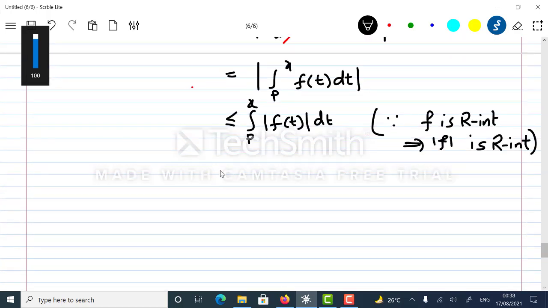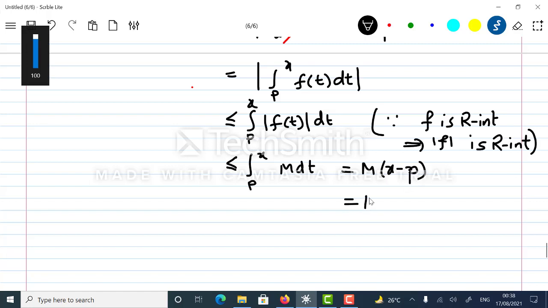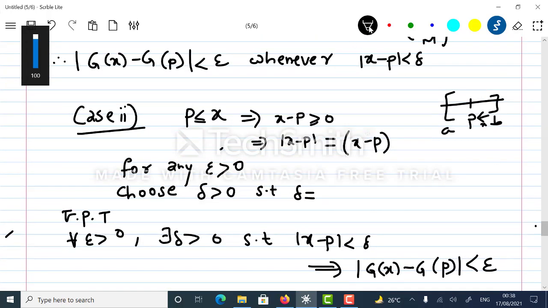Now, I know that star says that mod f is less than or equal to m, so integral p to x of m dt, and this integration is m times mod x minus p. But x minus p is basically mod x minus p because we have already stated that at the very beginning. So yeah, x minus p is the same as mod x minus p.